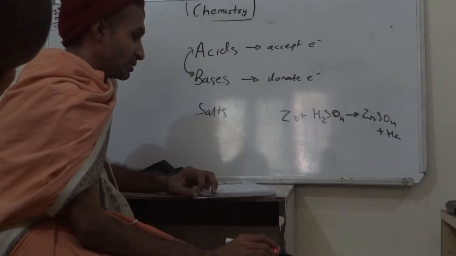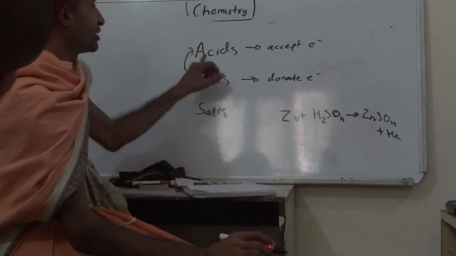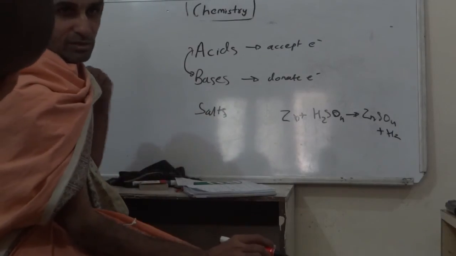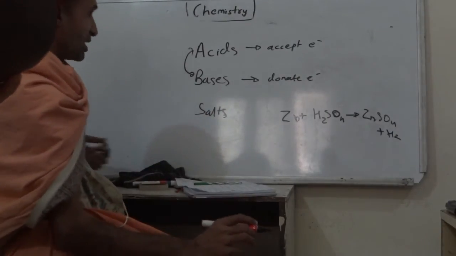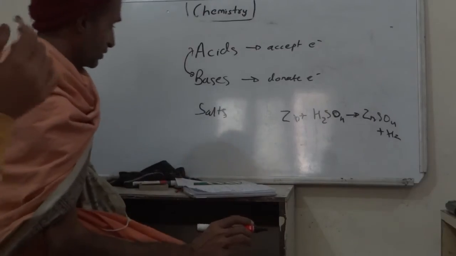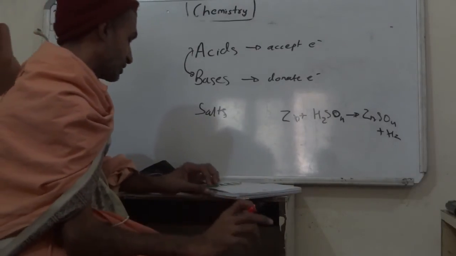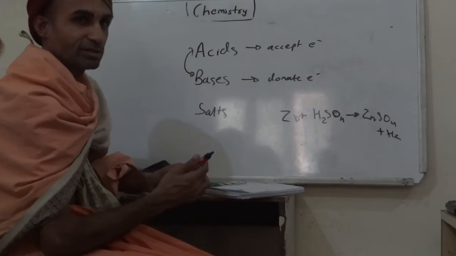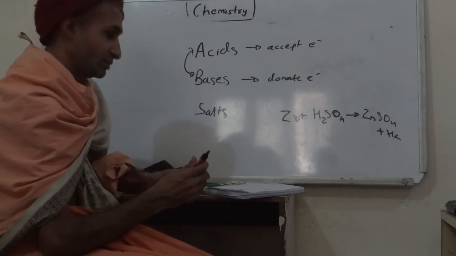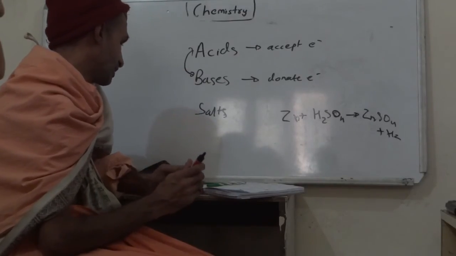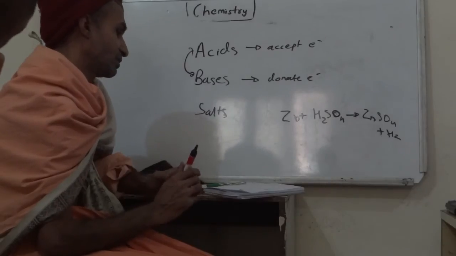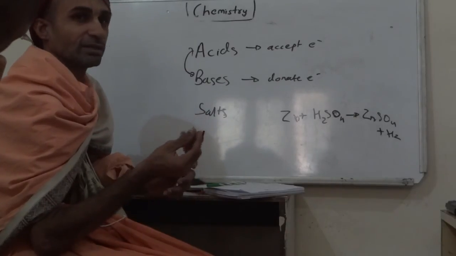And with base, when it reacts, it will form salt and water. Similarly, bases are compounds which can donate electron, and their properties are they are generally bitter in taste, and they have a soapy feeling.